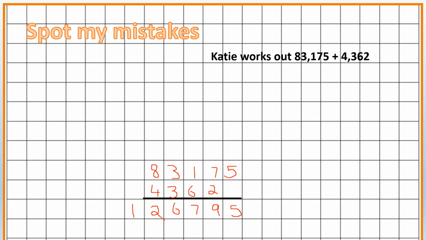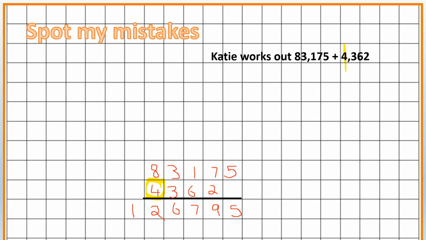Okay, the mistake I made was that when I added the 4,362, I forgot to line up my digits according to their place value. So the 4 here represents 4,000. So actually the 4 that I've written in my problem here, I have put in the wrong column. I've put it in the tens of thousands column.